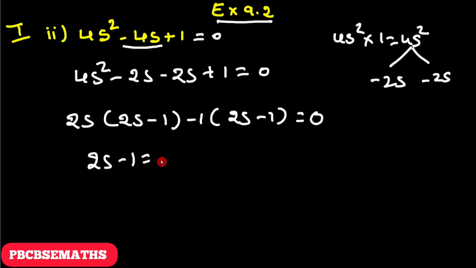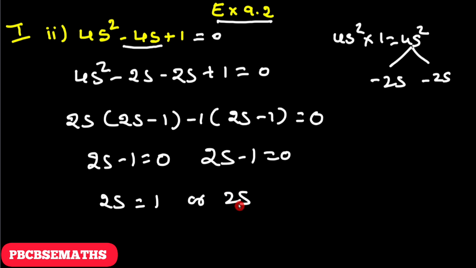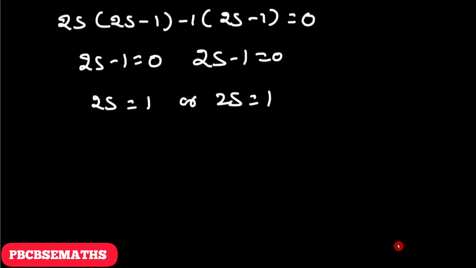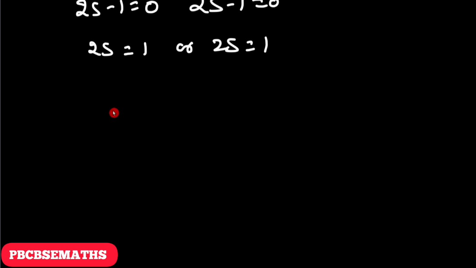Then we have 2s minus 1 equals 0, 2s minus 1 equals 0, then 2s equals 1, so we can write s equals 1 by 2 or s equals 1 by 2.